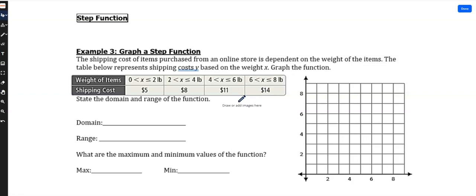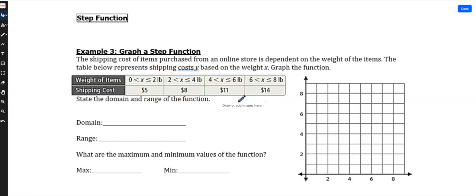Okay, a step function is something that changes in incremental steps. As you can see, you pay one price from 0 to 2 pounds, a different price from 2 to 4 pounds, a different price from 4 to 6 pounds, and a different price from 6 to 8 pounds.